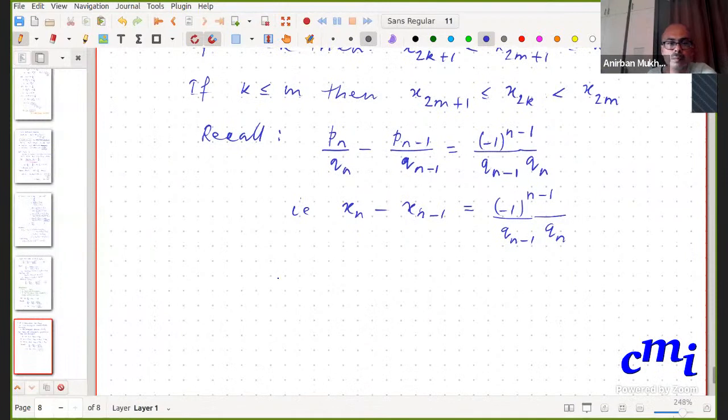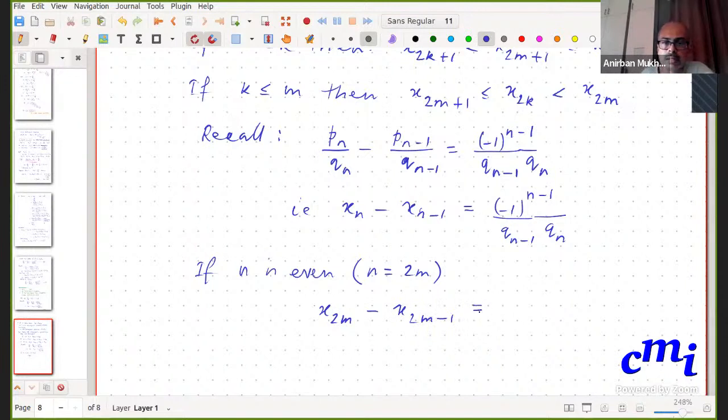So what can we conclude from here? If n is even, say n equal to 2m, then x2m minus x2m minus 1 is minus 1 to the 2m minus 1.